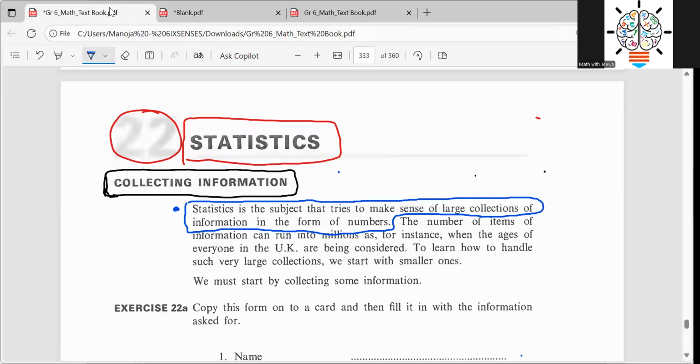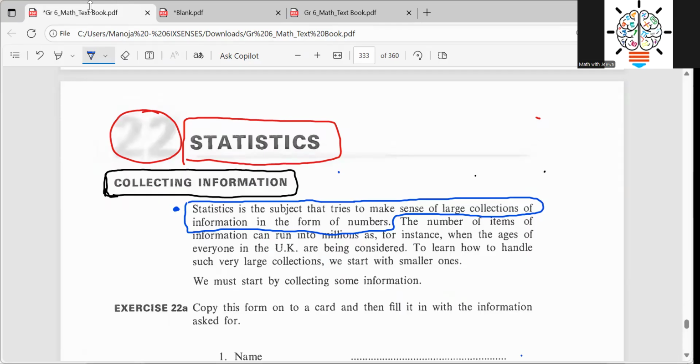First you write the main topic in pink color, then you write the subtopic in black color, and then you write the first point. Statistics is what? Statistics is the subject that tries to make sense of large collections of information in the form of numbers.